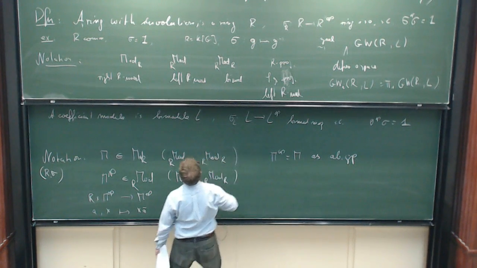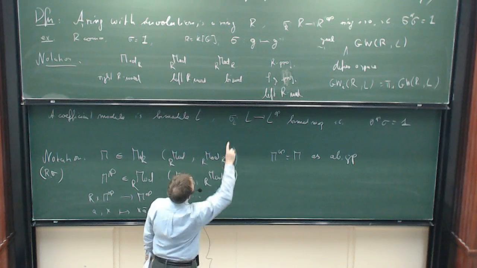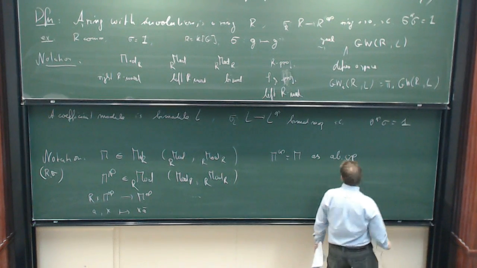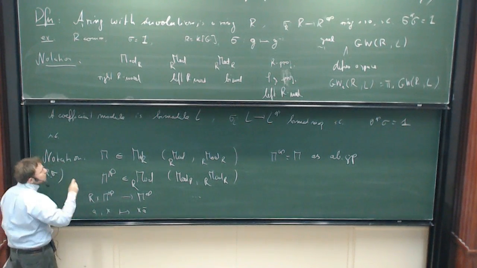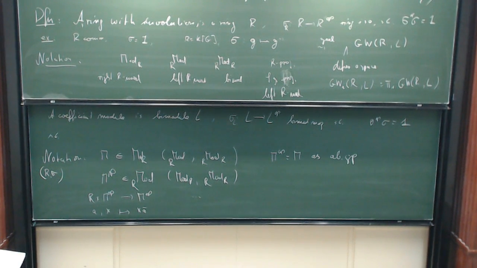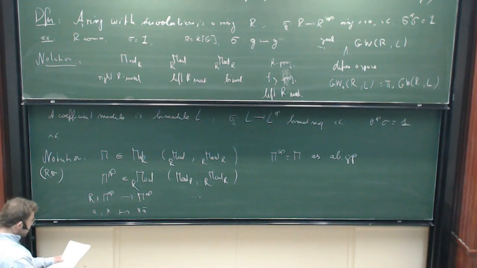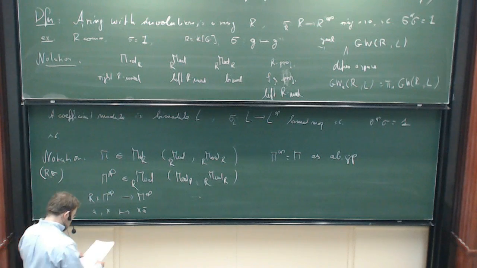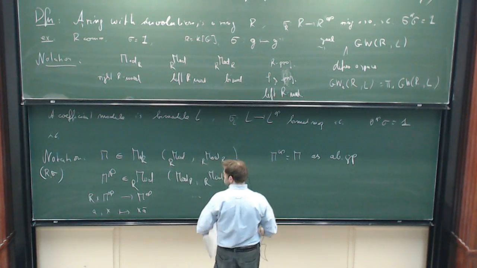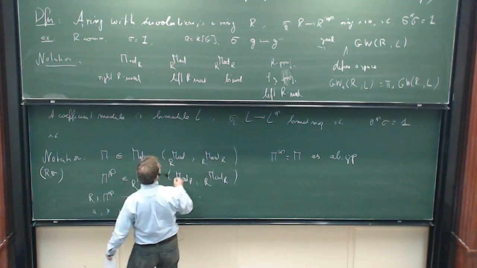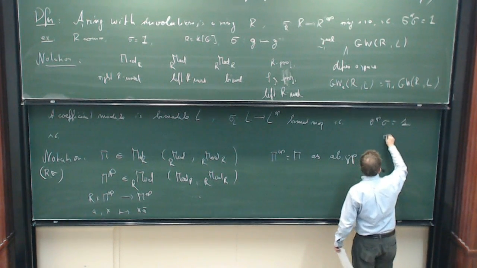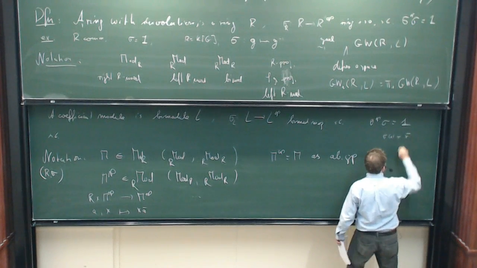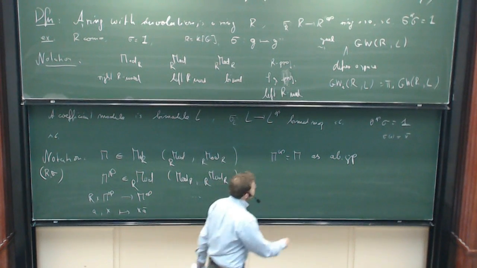So maybe write an L here, and for R, it's going to have an index R there. Usually sigma of x is just denoted x bar, for shorter notation.